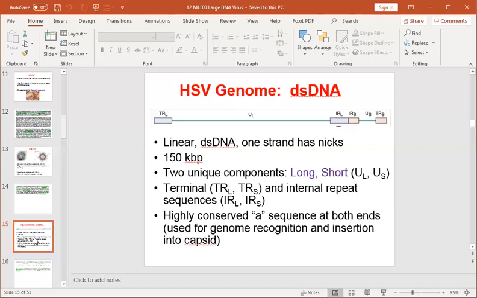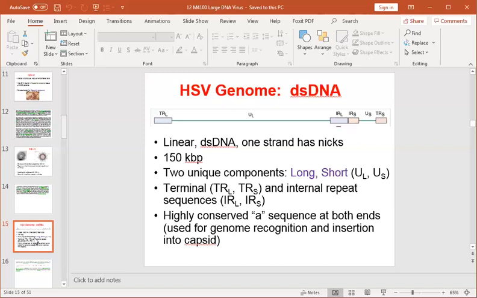So let's take another look at it. The HSV genome is a double-stranded DNA virus genome, linear. One of the strands has cuts or nicks in it. There are some unique features to this double-stranded DNA genome. Number one, it has two unique components, two unique regions.